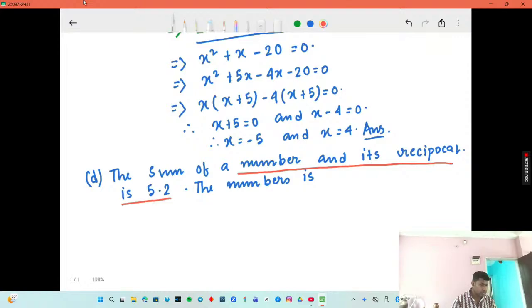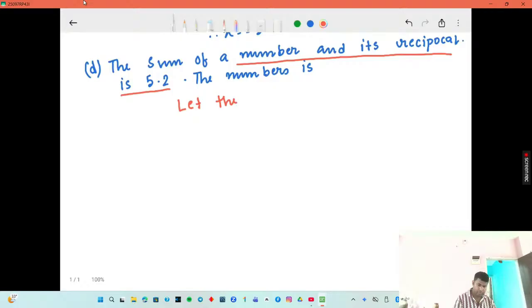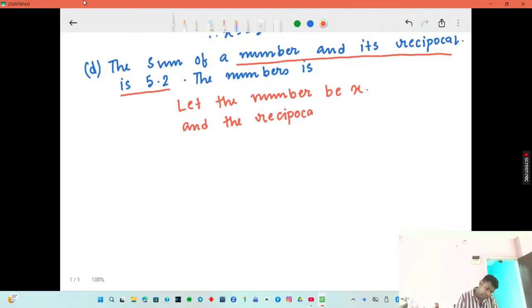So let the number be x and the reciprocal of the number be 1 by x.